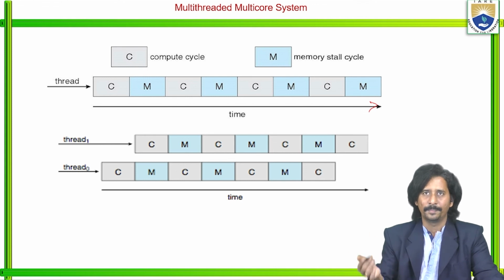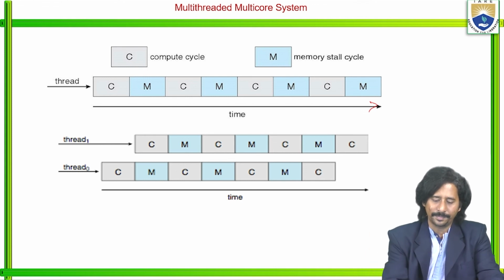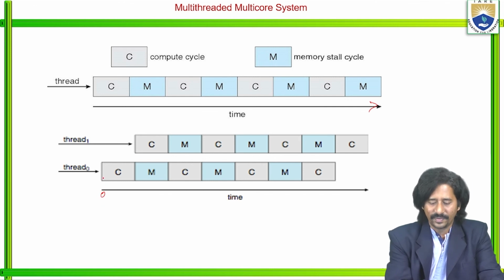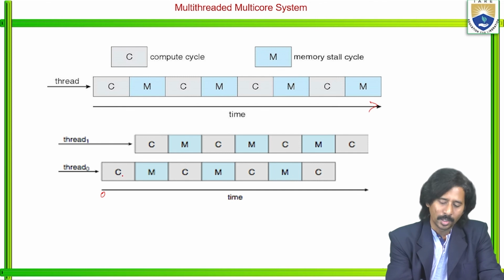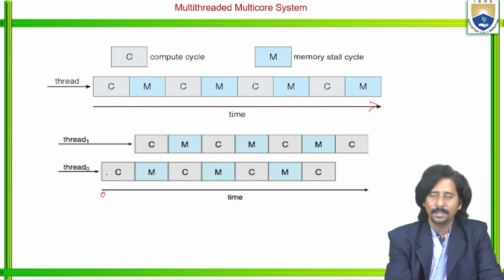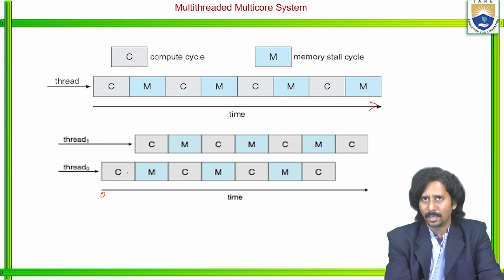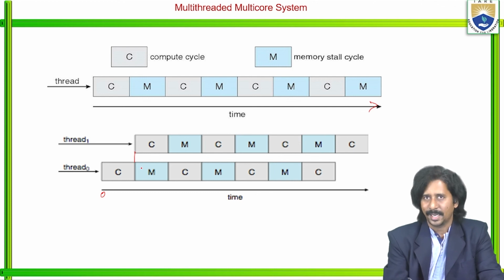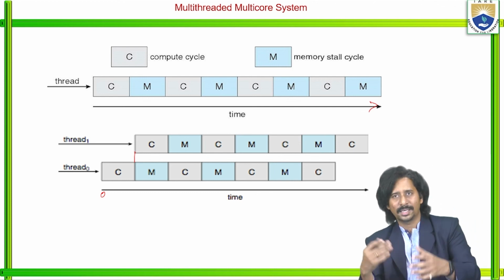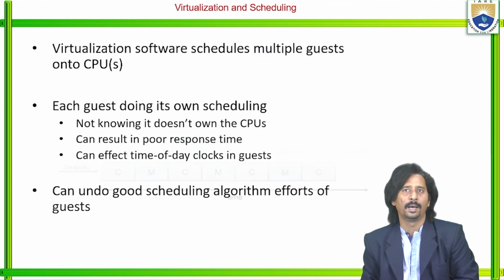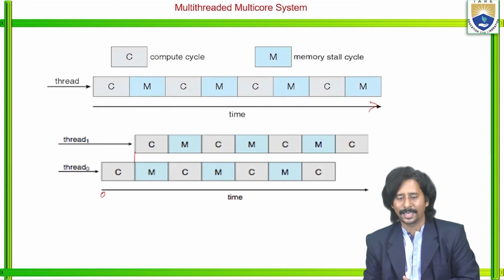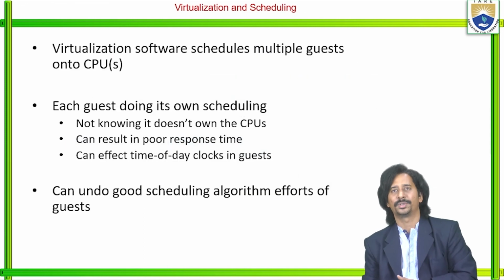Whereas in a multi-threaded multi-core system, at the 0th millisecond, first the compute cycle is executed. Then, while waiting, if any next process is there, it executes on another thread. So we can call it the parallel execution of multiple programs, right? That deals with the scheduling algorithms, multi-threaded multi-core scheduling.